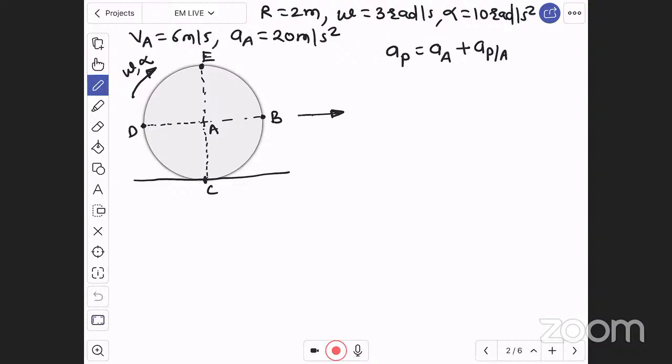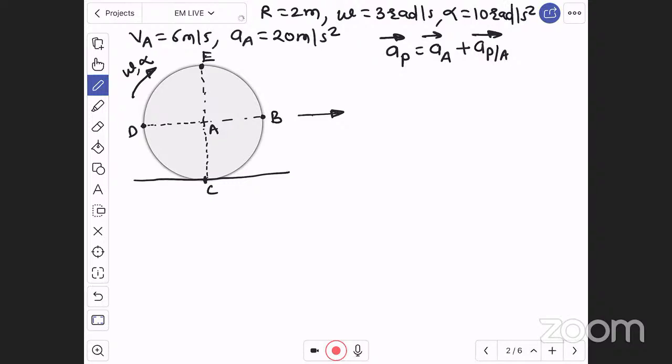It is a vector sum, my dear students. It is a vector addition, so this addition will follow the law of parallelogram, which we have seen in the first live lecture of engineering mechanics, right?